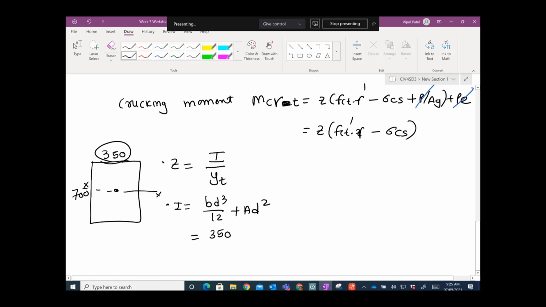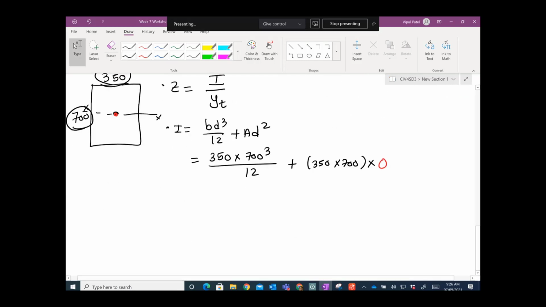So 350, the parallel dimension, times the perpendicular dimension cubed over 12, plus area 350 times 700 times d squared. The distance d is 0 because the centroid of the whole section and the centroid of this section are aligned on top of each other. So there is no distance d, that is 0. So basically this will give you 1 times 10 to the power 10 millimeter to the power 4.